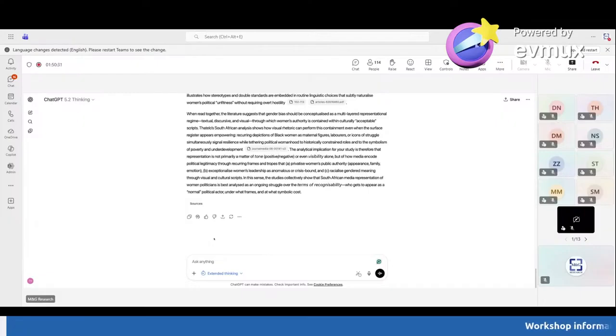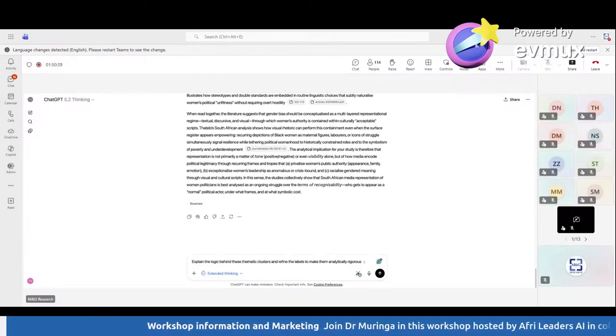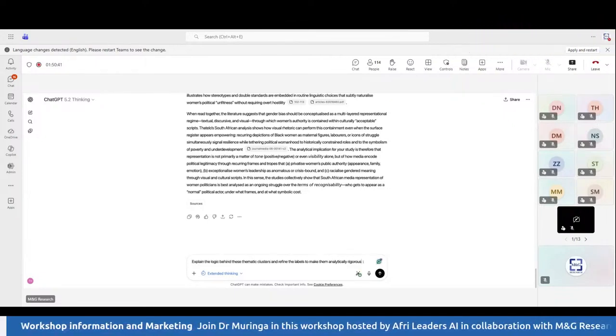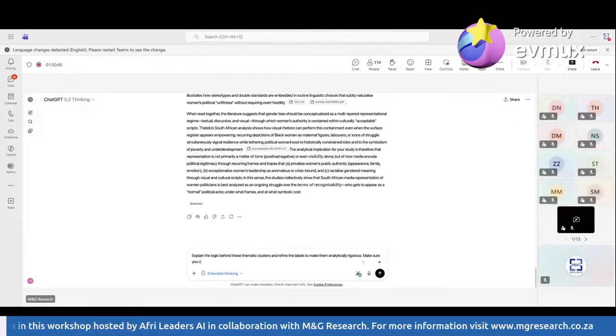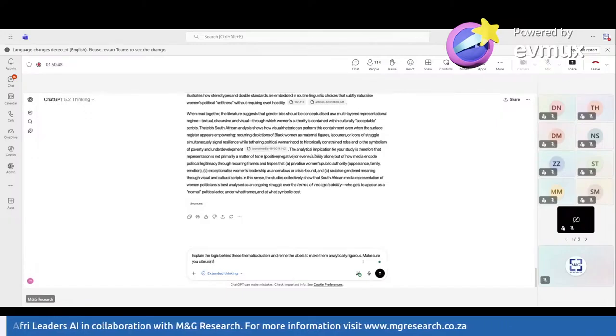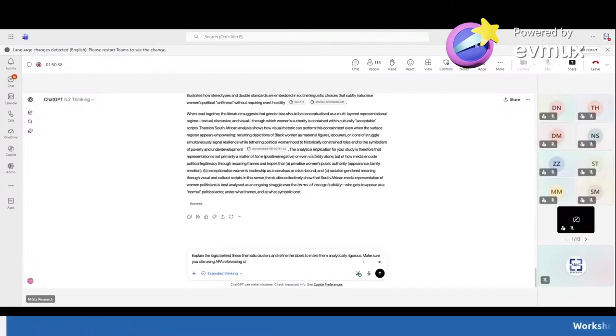And this prompt says: explain the logic behind these thematic clusters and refine the labels to make them analytically rigorous. Then I'm going to add here: make sure you cite using APA referencing style. I give it an example, author, and so on.